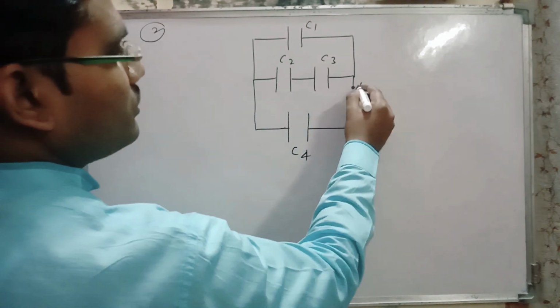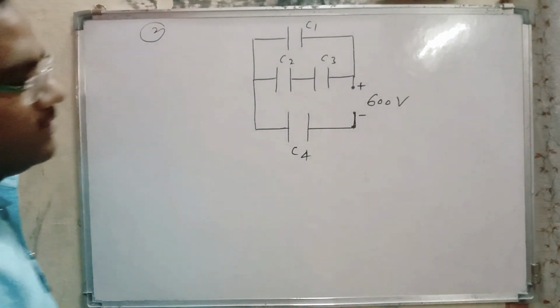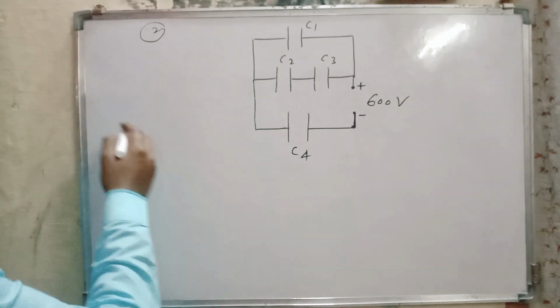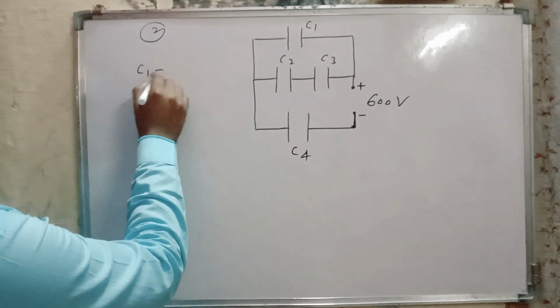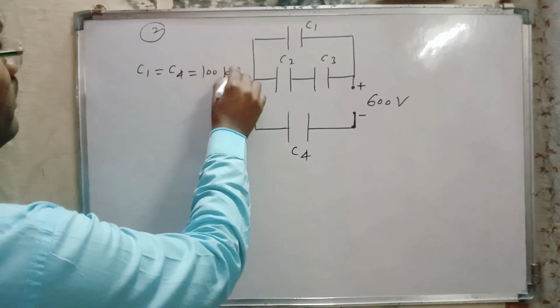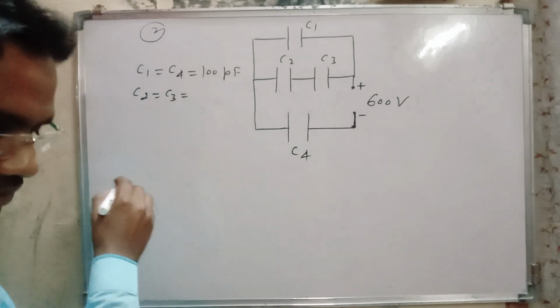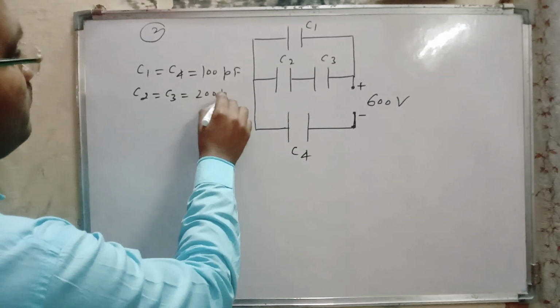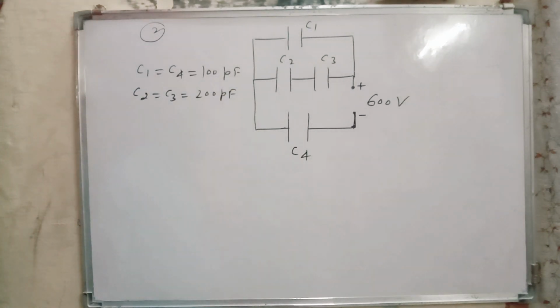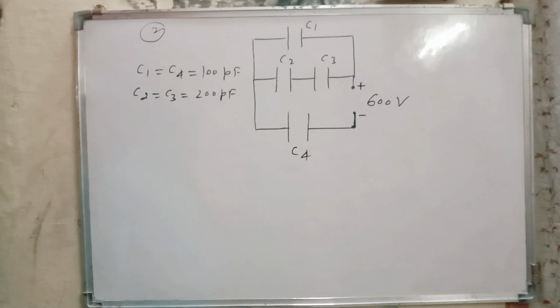Here this one is the positive terminal, this is the negative terminal, and here 600 volt potential. Given C1 is equal to C4 is equal to 100 picofarad, and C2 is equal to C3 is equal to 200 picofarad. Now we have to find the equivalent capacitance of the following network, and then determine the charge and the potential across each capacitor.